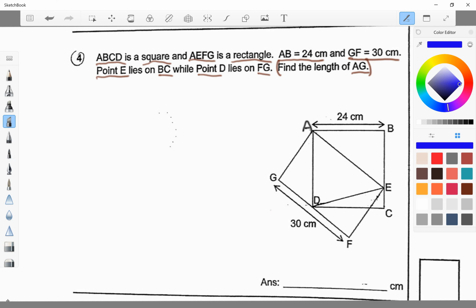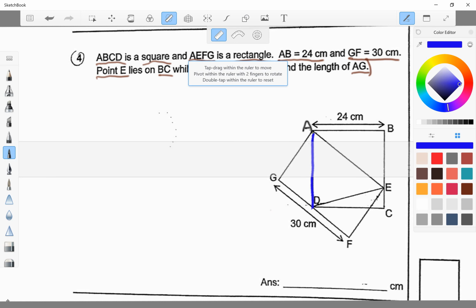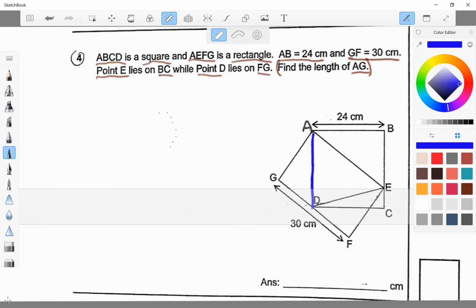So AD is the base of triangle AED. Alright, so I'm tracing it in blue. And you will definitely need to find the height of triangle AED. So how would the height look like? So I'll actually use the ruler function in this software to basically show everyone how the height looks like.